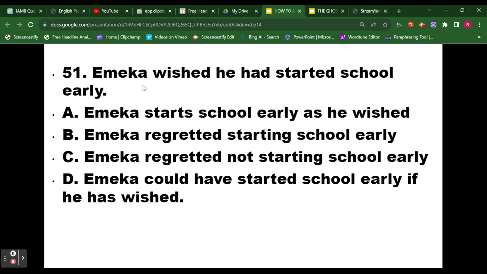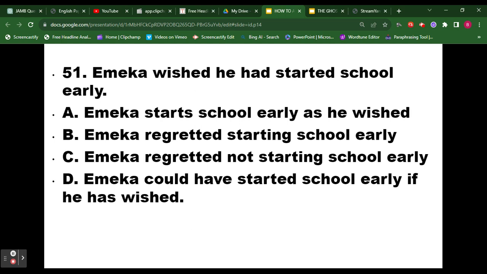Now, one important step to take in interpreting a sentence is to first look at the sentence itself and look at the words as they are used in the context. Emeka wished he had started school early. He wished, which means he didn't actually start school early, but he wished he had done so.